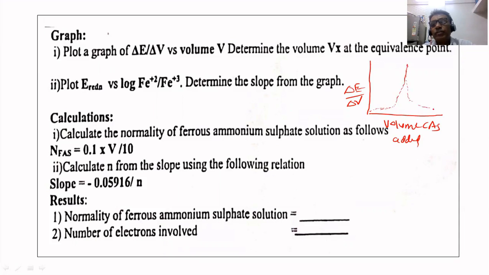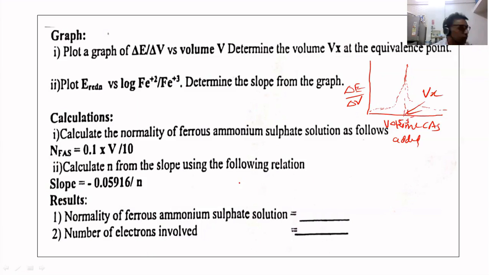Approximately it can be shown in this way. So this is the equivalence point here. Suppose the equivalence point is at 5.5. According to this we can find out Vx, that is the equivalence point.